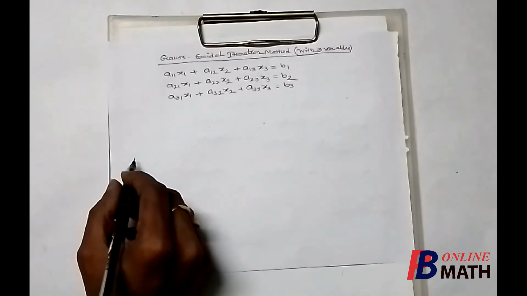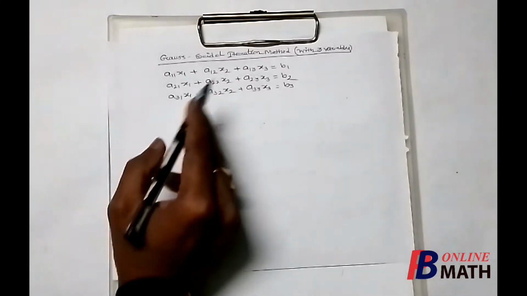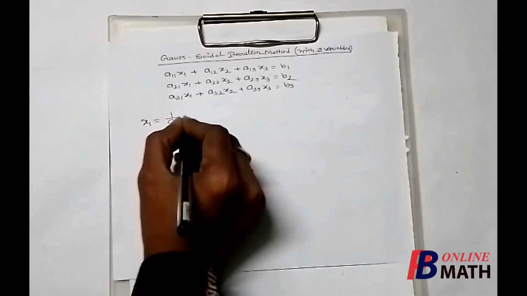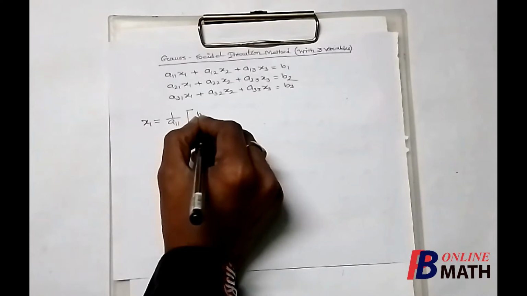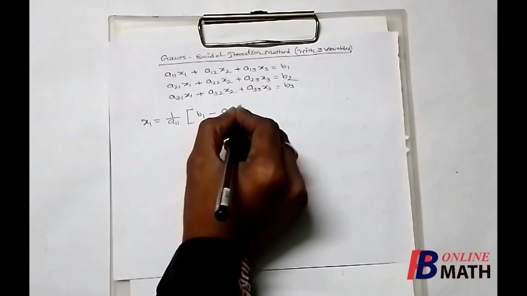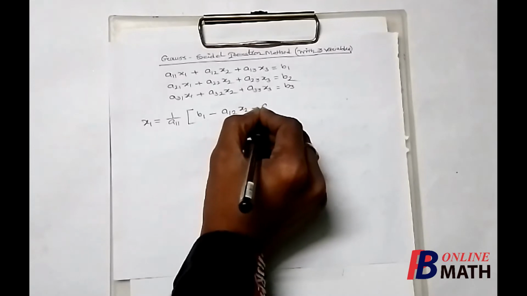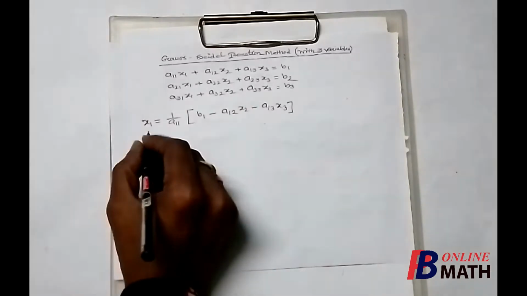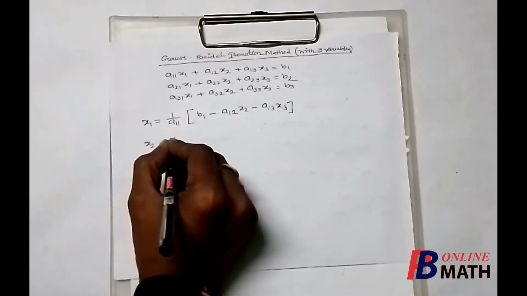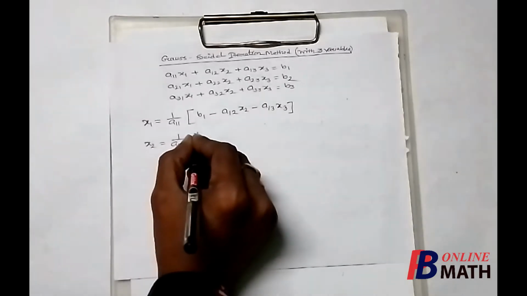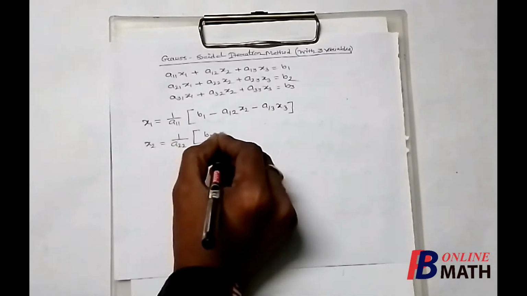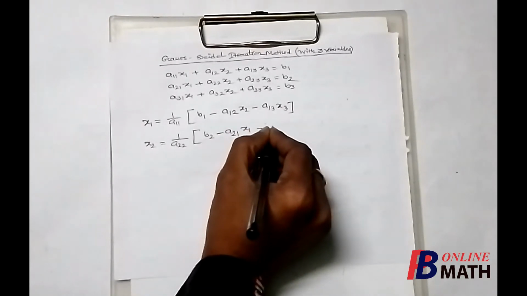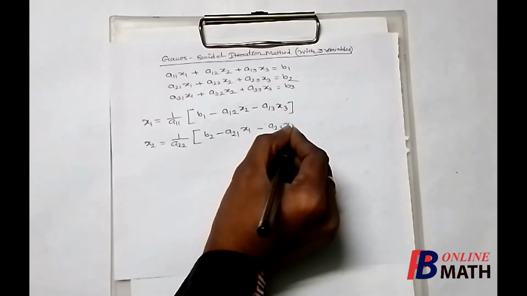Now as usual, the first equation can be written in this form: x1 equal to 1 by a11, it is multiplied by b1 minus a12 x2 minus a13 x3. Now the second equation can be written in this form: x2 equal to 1 by a22, it is multiplied by b2 minus a21 x1 minus a23 x3.